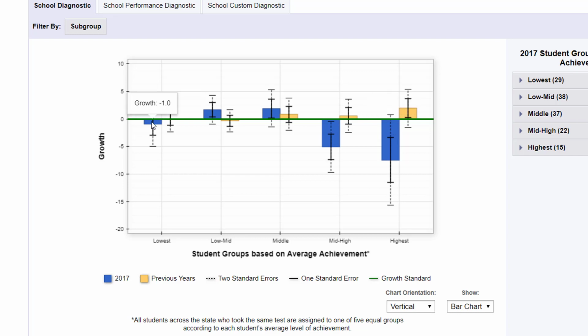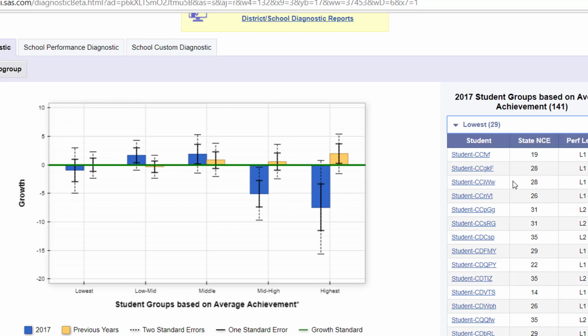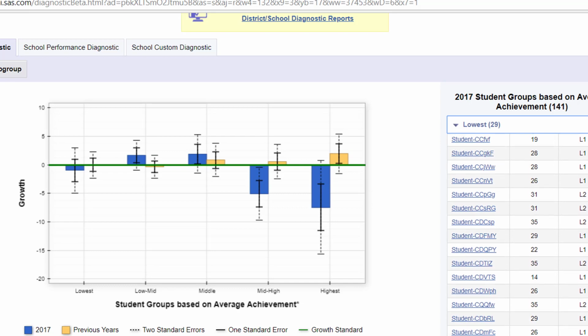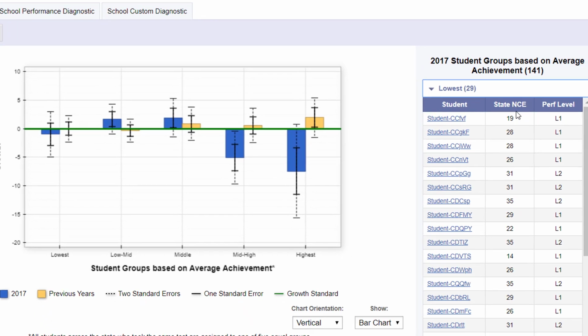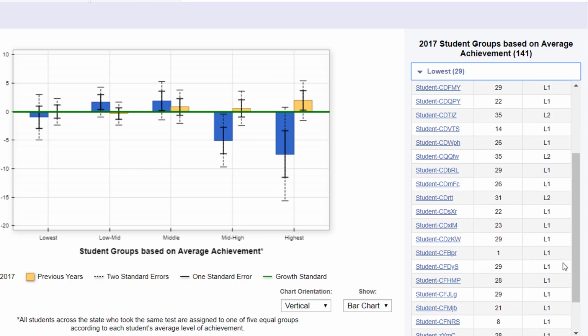So if I'm looking at my lowest quintile, they had a growth of a -1, and there were 29 students in that group. If I click on that 29, it shows me who those 29 students were. It shows me what their NCE level was and what their performance level was.